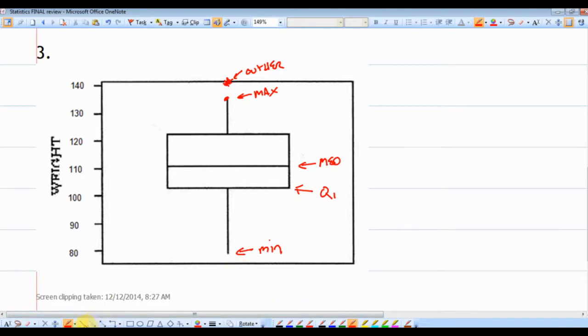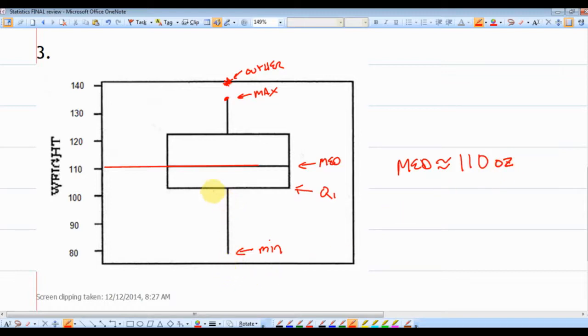Okay, so now that we got that, we can figure this out. Where is my median? It's pretty much 110. I assume those are, no, I can't assume they're ounces. Oh, it is. So the outliers will always be further from the maximum.